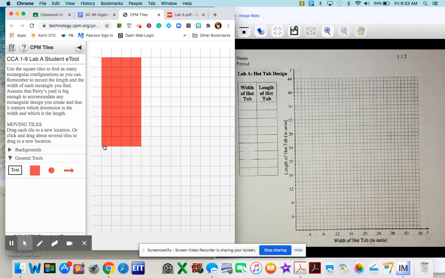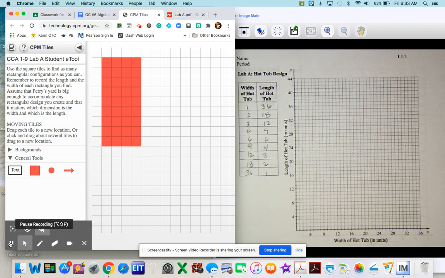So 4 by 9, 6 by 6, 1 by 36, etc. Okay, go ahead and write the different widths and lengths that you came up with in your table over here. Okay, were these some of the pairings you were able to find? A 1 by 36, 2 by 18, etc.